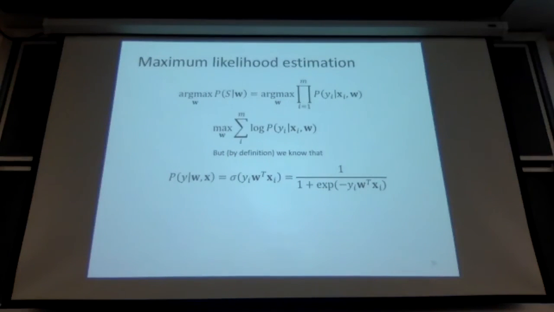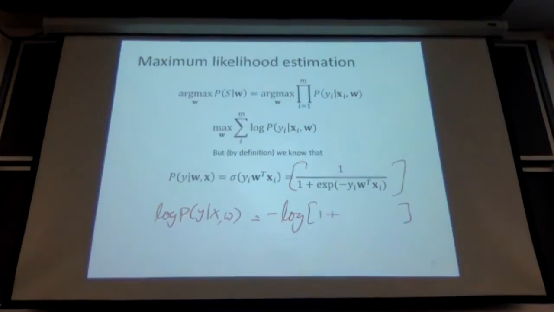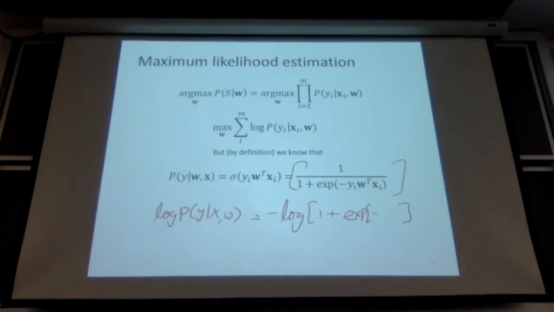We know that P of y given x is the sigmoid of y w transpose x, which is that thing here. So we can simplify the log. So we can take log P of y given x, w, which is the negative log of 1 plus e to the power minus y w transpose x.